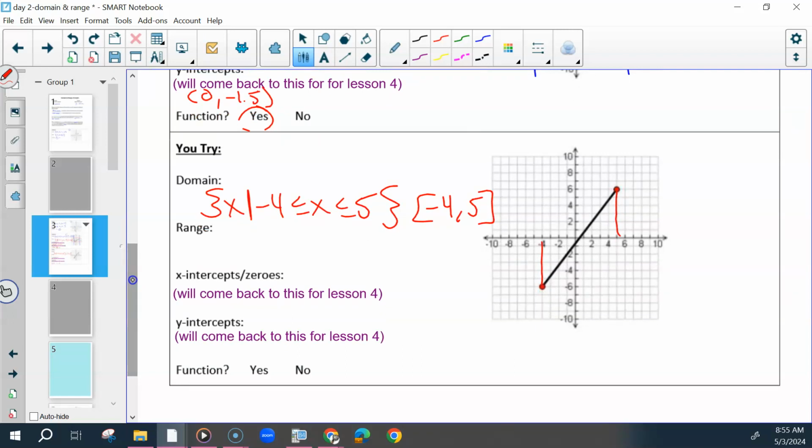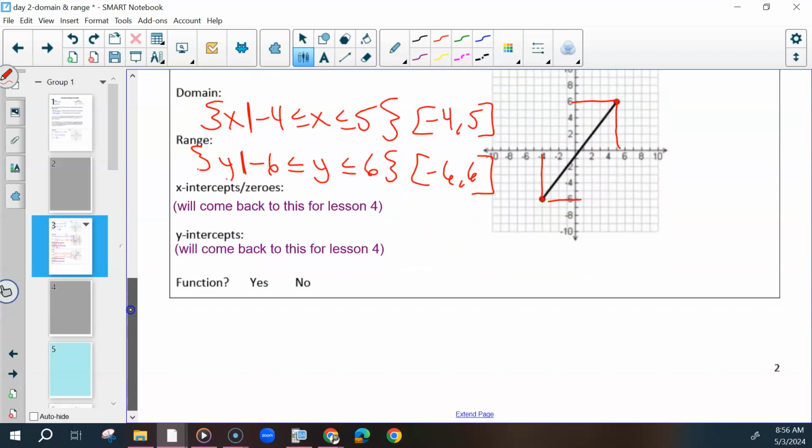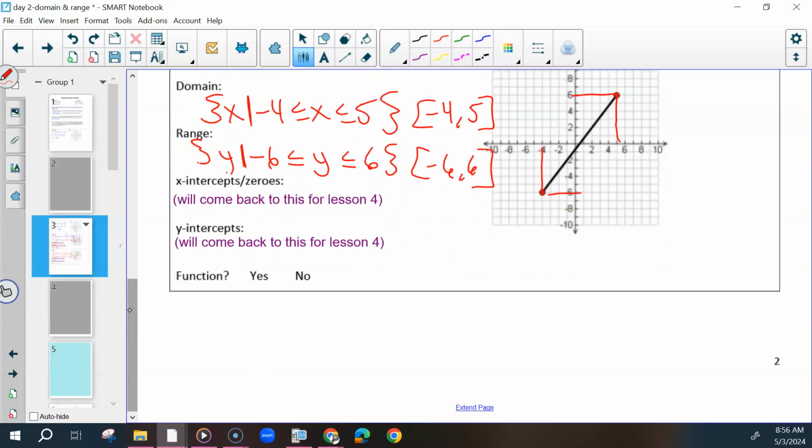Okay. The range, how would we start writing that? Curly brackets, y, vertical line, -6 is less than or equal to y, less than or equal to 6. Curly brackets. In interval notation, that would be -6 and 6. x-intercept, if yours is at 1, go for it.